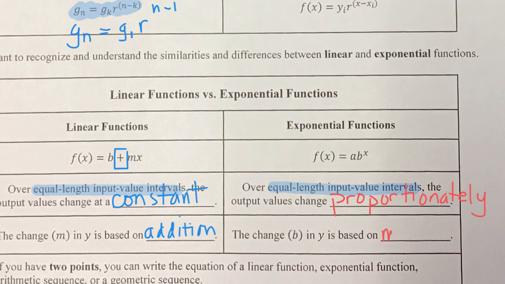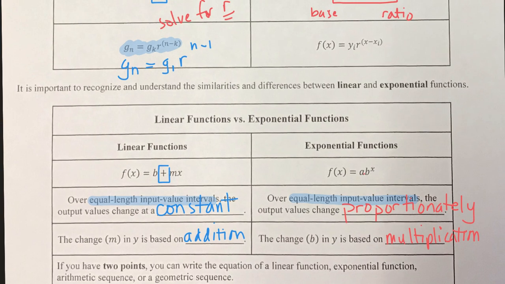The change is based on multiplication. Division is multiplication by a fraction. So even division is a multiplication problem, right? That's a times b to the x, not a plus b to the x. Okay, so linear functions are adders and have a constant change. Exponential functions are based upon multiplication and have a proportional change.